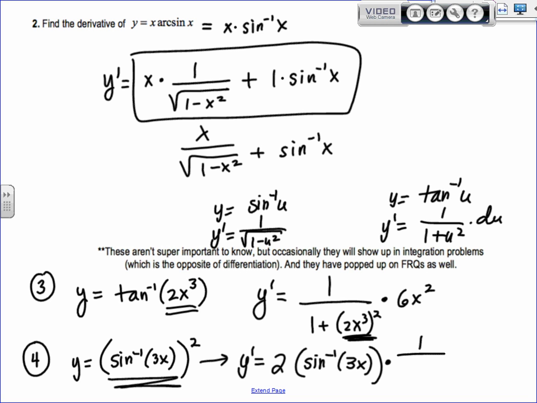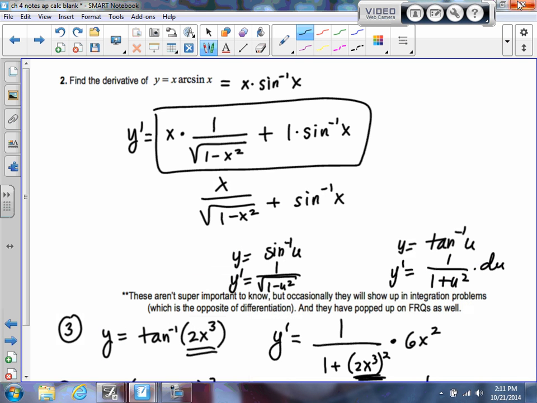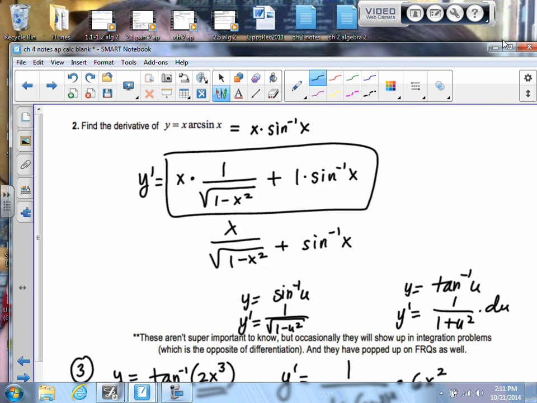So I get 1 over the square root of 1 minus u squared, right? The 3x is being squared. And then last step, times what? 3. That's your answer. So why is the other one times like 12 then? Because there was only one u, there weren't like 2 u's.